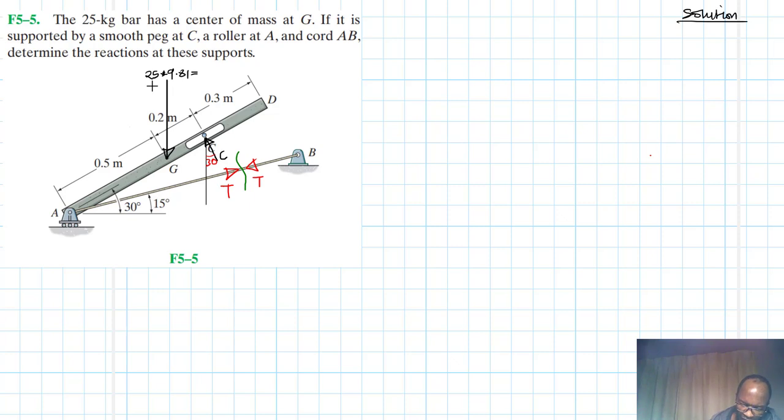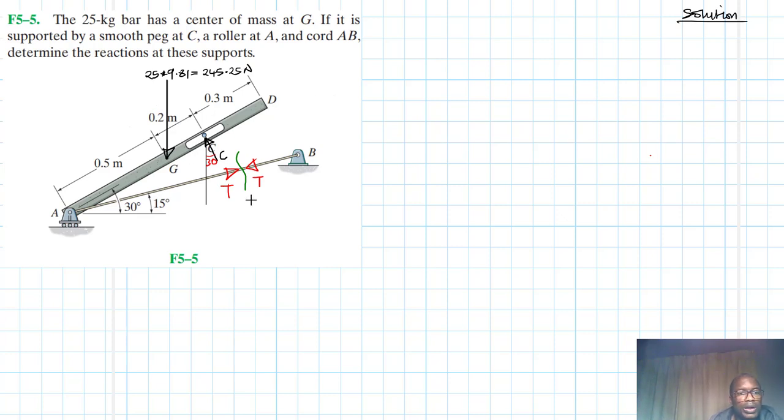So we have 25 by 9.81, which gives us 245.25 newtons.